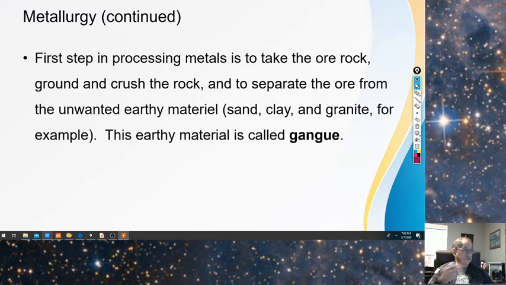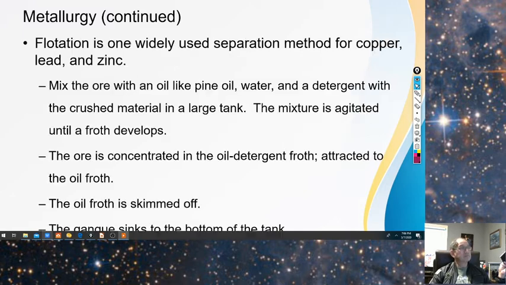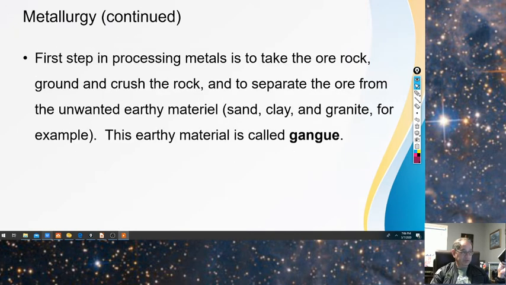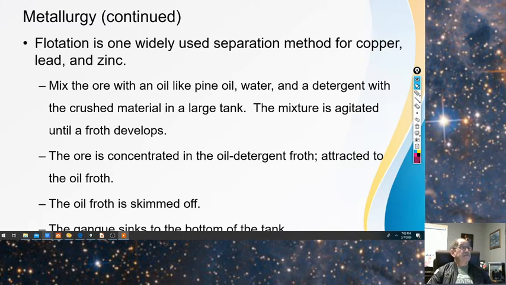So you know the first step is crushing it and creating this thing called gangue. I forget how that's pronounced. Know what it is. We covered the first step, the crushing and the gangue. Then we have the flotation.